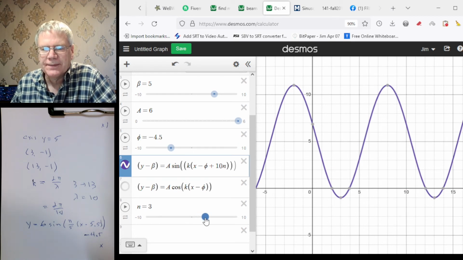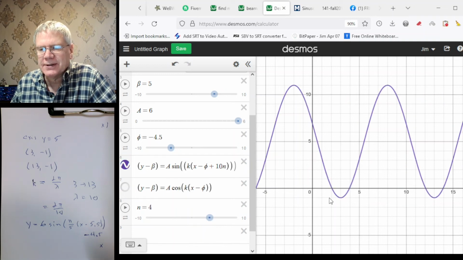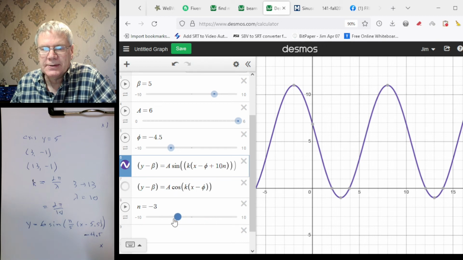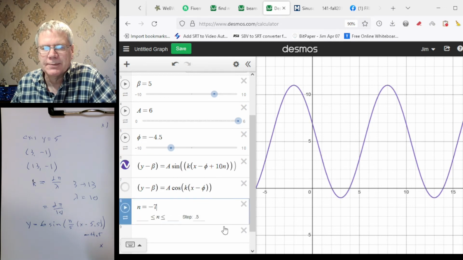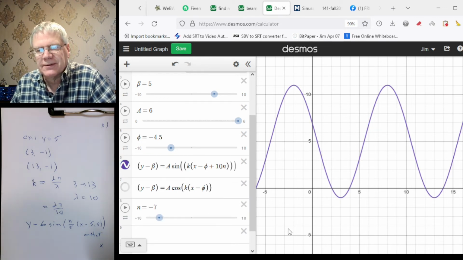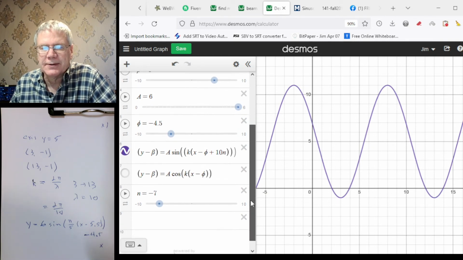I can add 4 10s and I'll still have a minimum at the right place. I can go minus 7. I still have them at the right place. It doesn't matter as long as I'm shifting by a multiple of the wavelength. And this is an important concept later when you work with trig functions, and also if you get into complex variables later. So that's one thing that's different. We can have that 10n.